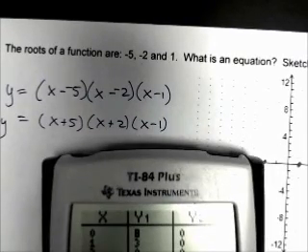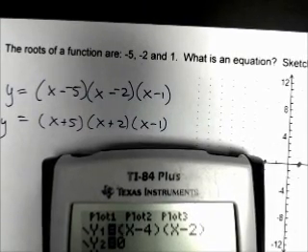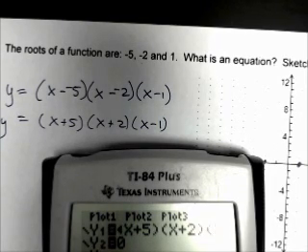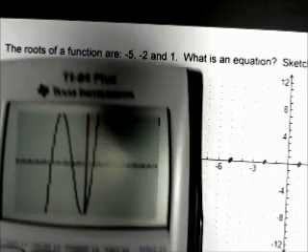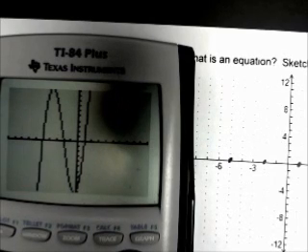Now for the graph, go to y equals. Let's put in x plus 5, x plus 2, and x minus 1. And graph. Okay, now again, this is a sketch.